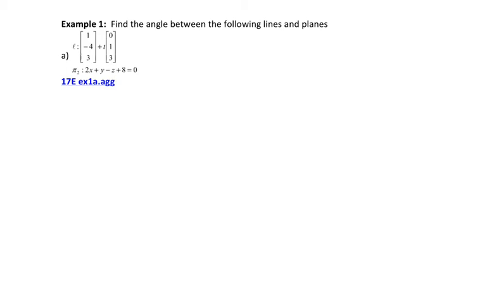Okay, so find the angle between the line and the plane. I didn't put the picture of this one in, sorry, but if you want to go look at it, feel free. So looking at the equation of the line, the direction of the line must be 0, 1, 3.